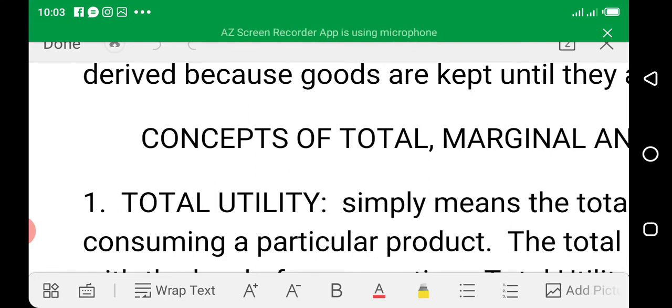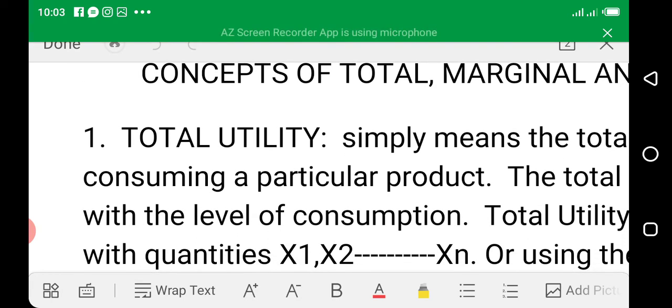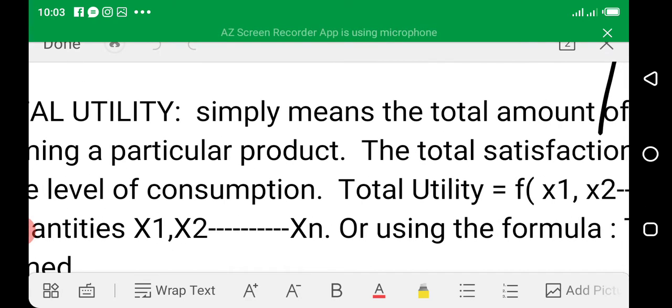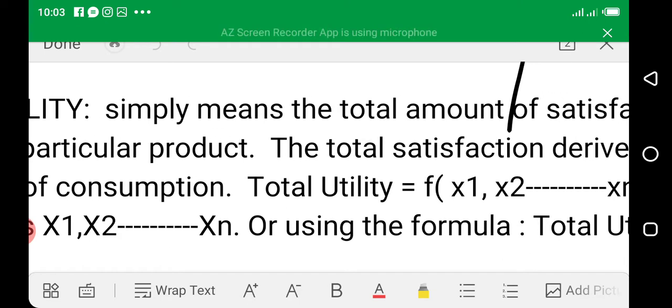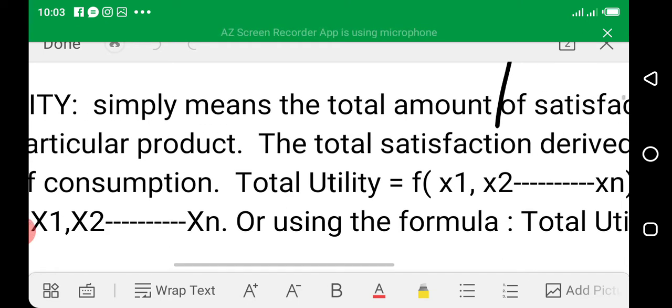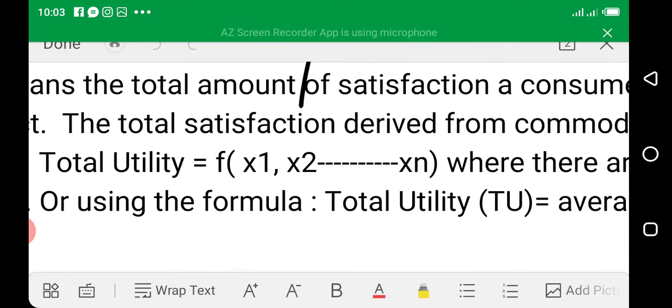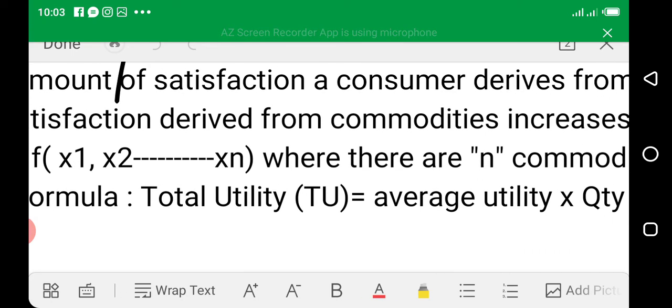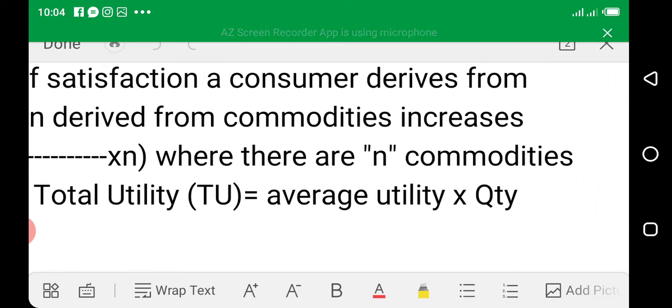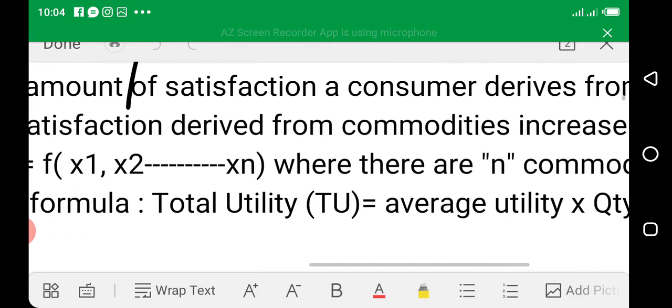Concepts of total, marginal, and average utility now. Total utility simply means the total amount of satisfaction a consumer derives from consuming a particular product. The total satisfaction derived from a commodity increases with the level of consumption.